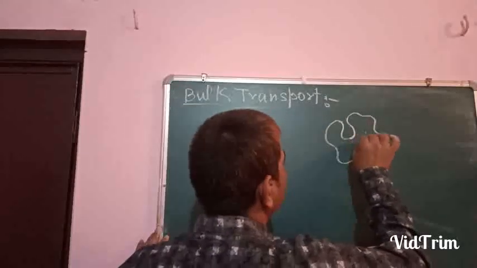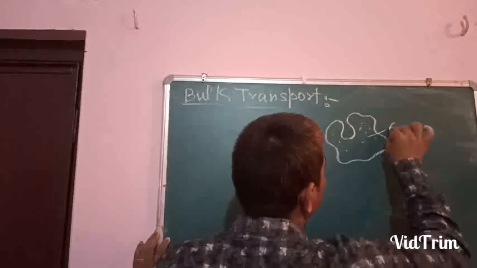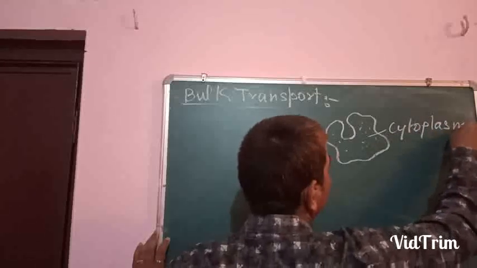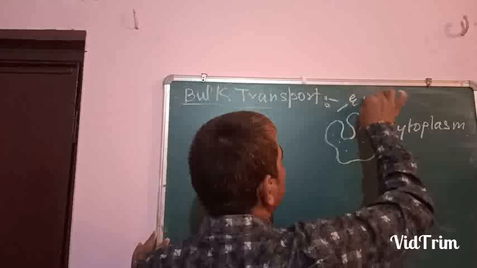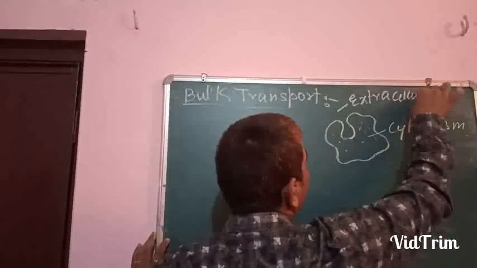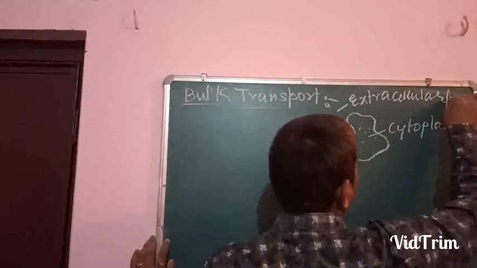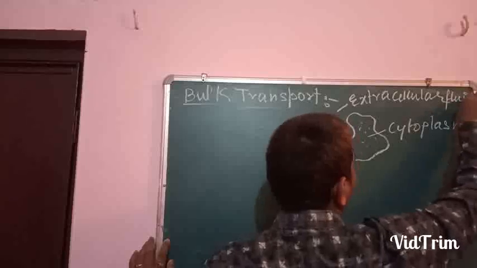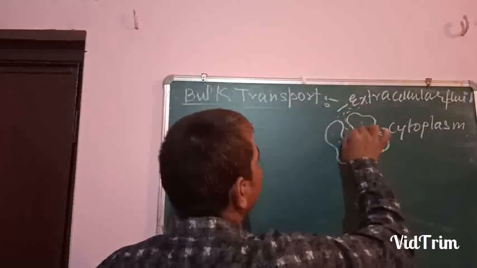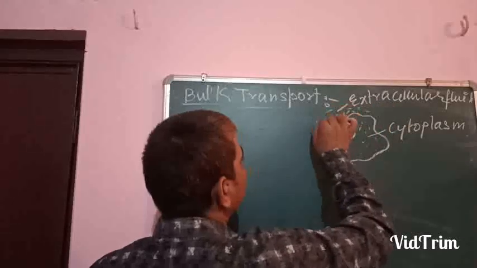This is the cytoplasm. Okay, this is extracellular fluid. What is extra? It means outside of the cell. Okay, extracellular fluid, outside of the cell. And some materials are trapped in this.